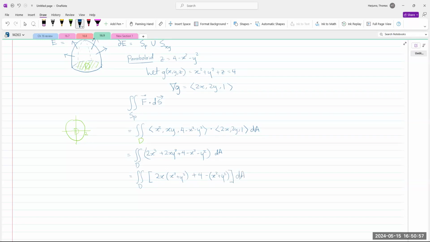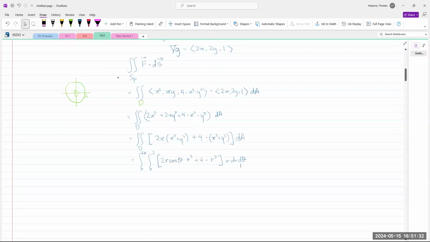I'm actually going to polar coordinates: integral from 0 to 2 pi, integral from 0 to 2, and then 2 times r cosine theta times r squared plus 4 minus r squared, r dr d theta. You will see this term actually becomes 0 later on.